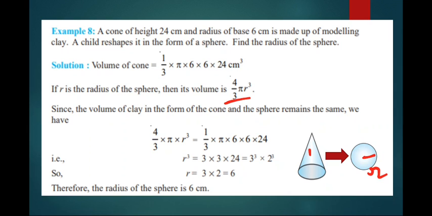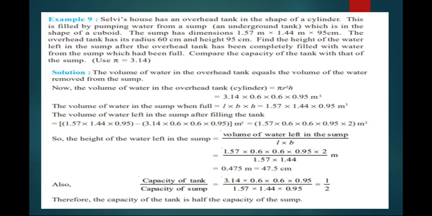Since this cone is converted into this sphere, the volume of the cone and the volume of the sphere are equal. So you can equate 4 by 3 pi r cube is equal to the volume of the cone. Now just solve these two equations, you will get the value of r as 6. That means the radius of the sphere is equal to 6 centimeter.